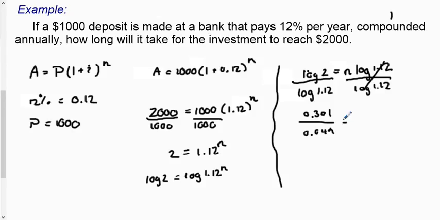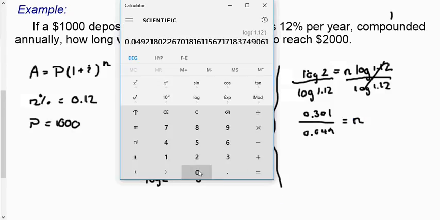And that's going to be equal to n. So dividing those, I get a value of 6.143.